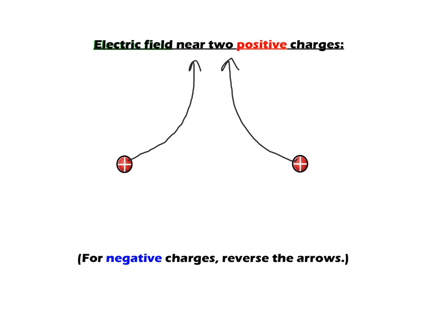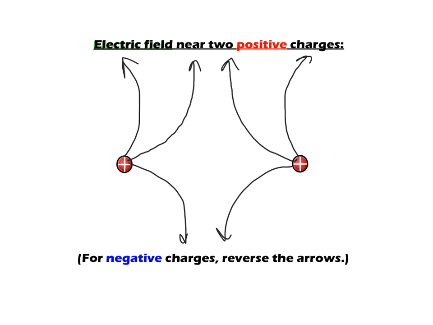And that's kind of the key. I'm going to start all these lines off going the way that they would go if it was just one positive charge. But then I'm going to curve those lines away to show that the fields are literally repelling one another. And if I just repeat this process, one over here, and then one over here, this is really all I need to do to map out the electric field. I'm just going to continue this process.